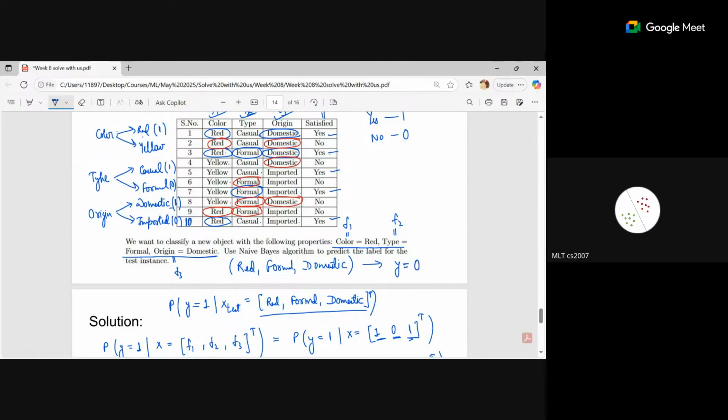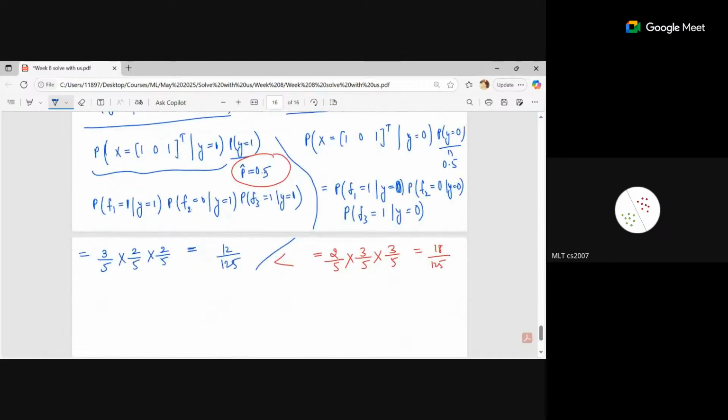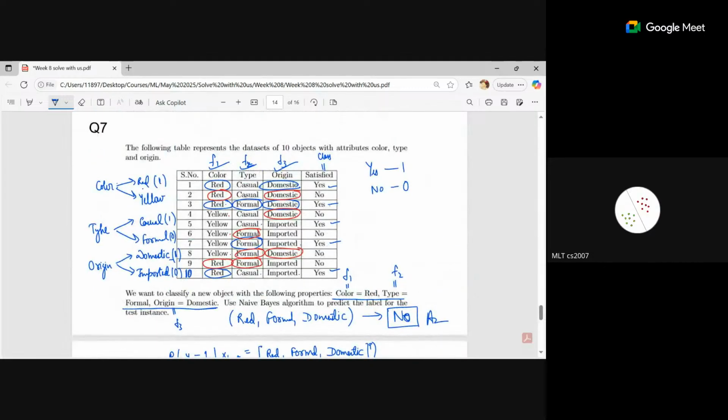That is Y is 0, no. Satisfied no. So this is the answer. It is going to predict no because we have coded no as 0 and we got this probability higher. So it is going to predict Satisfied is no. Satisfied is the class, yeah.